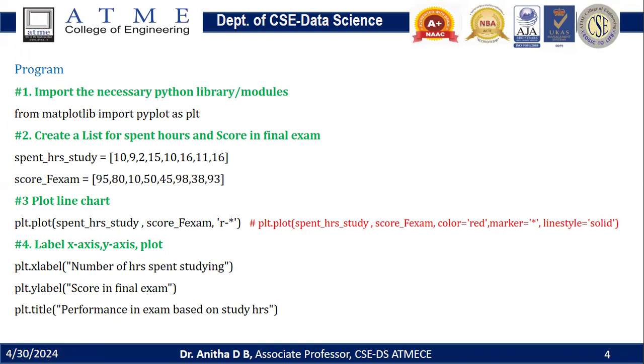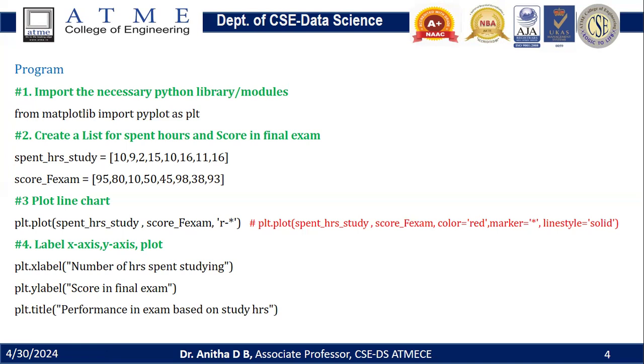Instead of this r hyphen star, we can even use it like this. That is, color equal to red, marker equal to star, and linestyle equal to solid. Then the fourth step is label x-axis, y-axis, and also the plot.